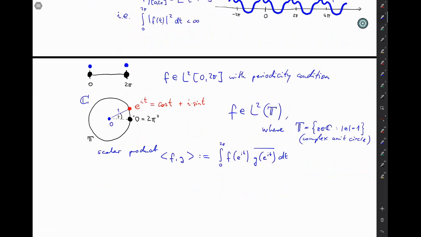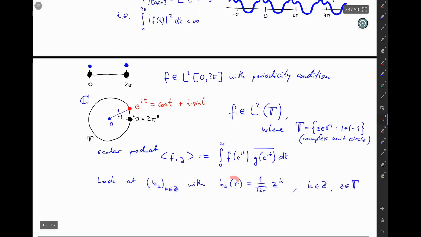And then you look at the following family of functions, which is enumerated over the integers, not just the natural numbers, where b_k of z, for z a point on the unit circle, is essentially the monomial z to the power k, slightly scaled by 1 over the root of 2π, and we will see why we want the scaling.